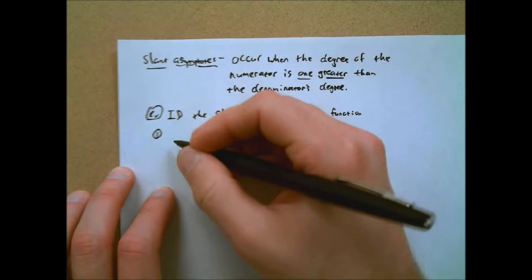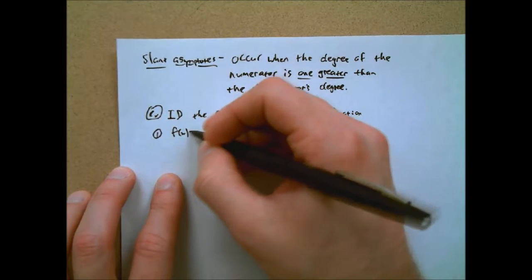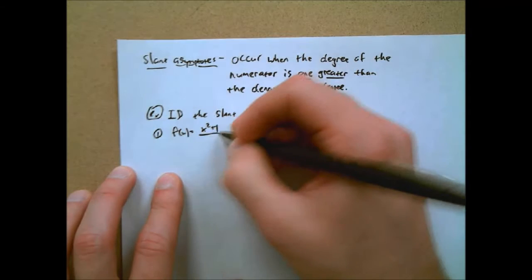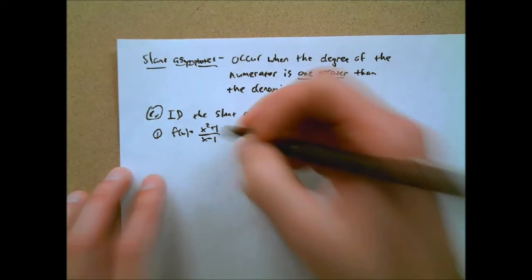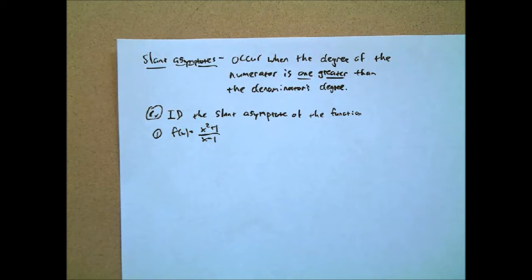We've got f of x equals x squared plus 1 over x minus 1. Now you'll notice all we reviewed was whether one exists. We didn't come up with a way to find it, but I'm going to show you that in just a second. First of all, does this function have a slant asymptote?